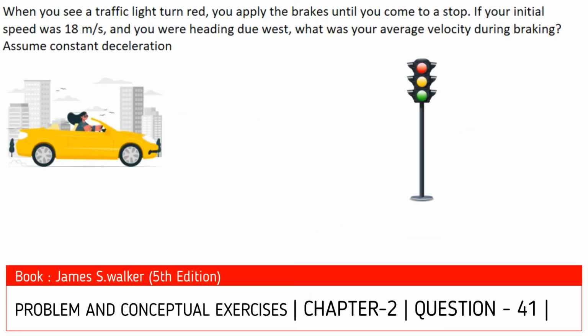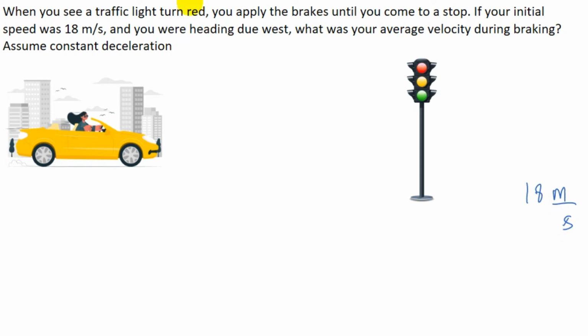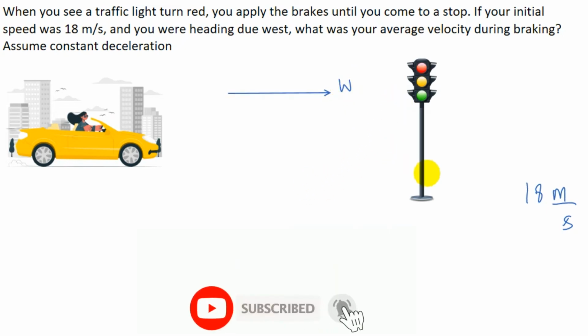Now here in this question we are given that you are driving the car at speed 18 meters per second and heading due west. So let this direction be the west direction. Now when you see the traffic light turn red, you apply the brakes until you stop the car.